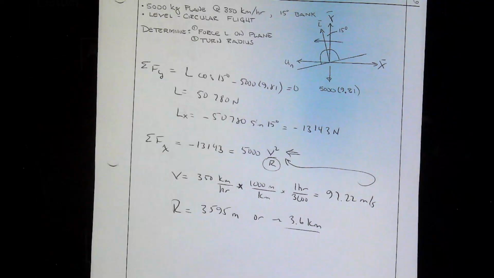So velocity, 350 kilometers per hour. We'll multiply that by 1,000 meters per kilometer, and then of course 1 hour for 3,600 seconds, and that leaves us with 97.22 meters per second.